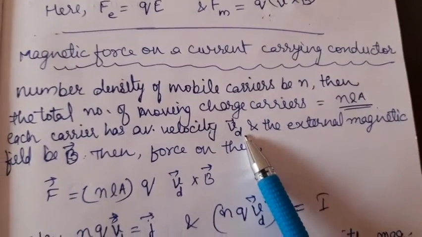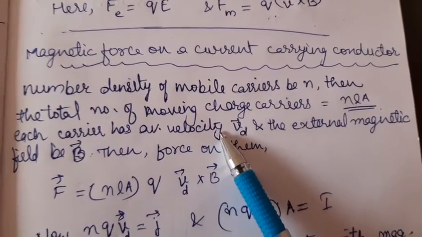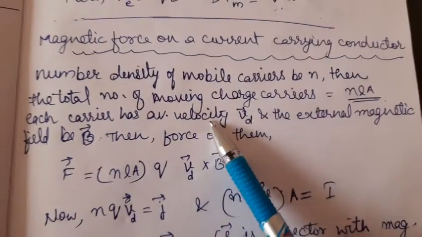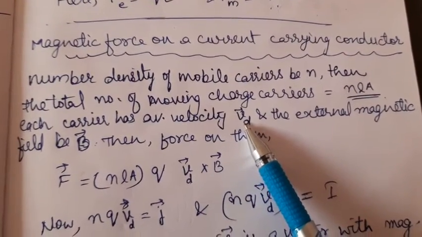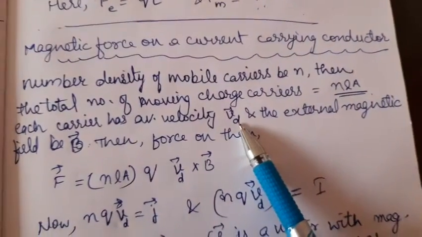Now we have studied in previous portions that in a conductor carrying current, each charge carrier moves with an average drift velocity Vd.